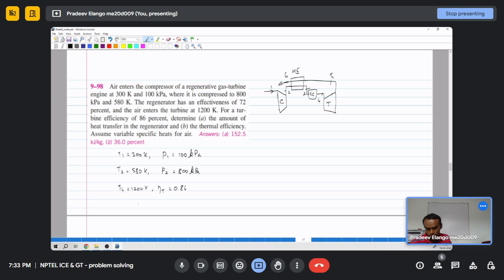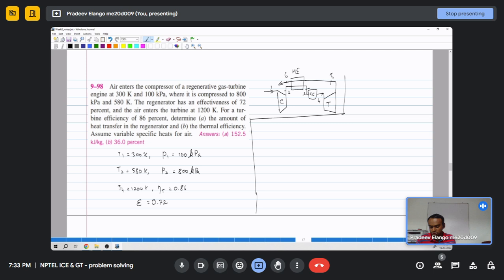So the effectiveness of the regenerator is given as 0.72. Can we solve? So here we know T3.